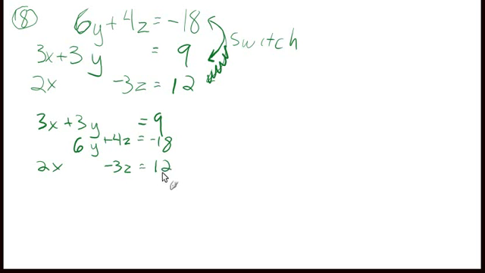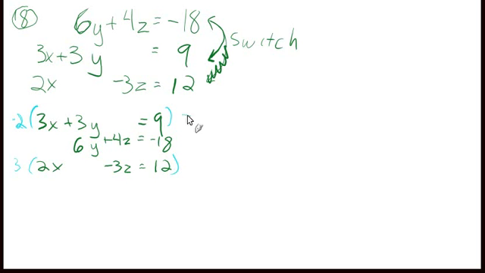Alright, so sorry for the confusion there, but switch the first and the second ones, and the reason being is that this one, already some of the work is done, this x has been canceled out. So we only need to cancel this one out, and then we'll go from there. So to cancel those x's out, let's do a negative 2 here, a 3 here. That will have a negative 6x and a positive 6x.